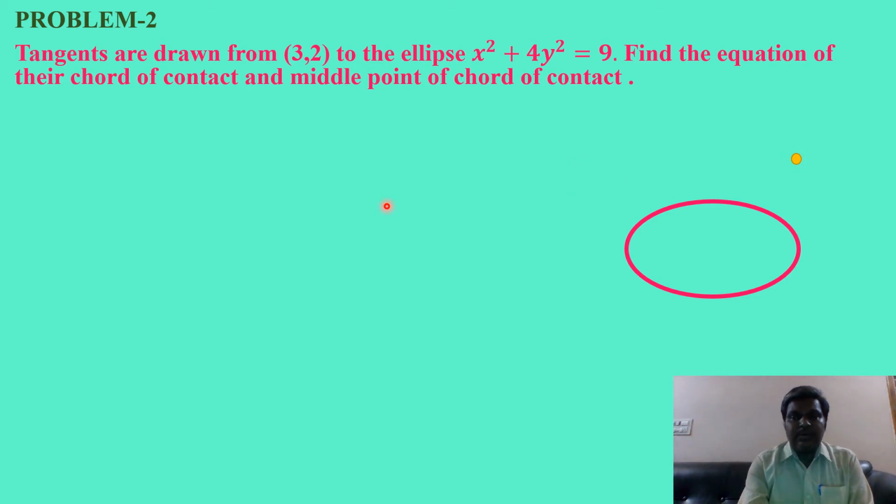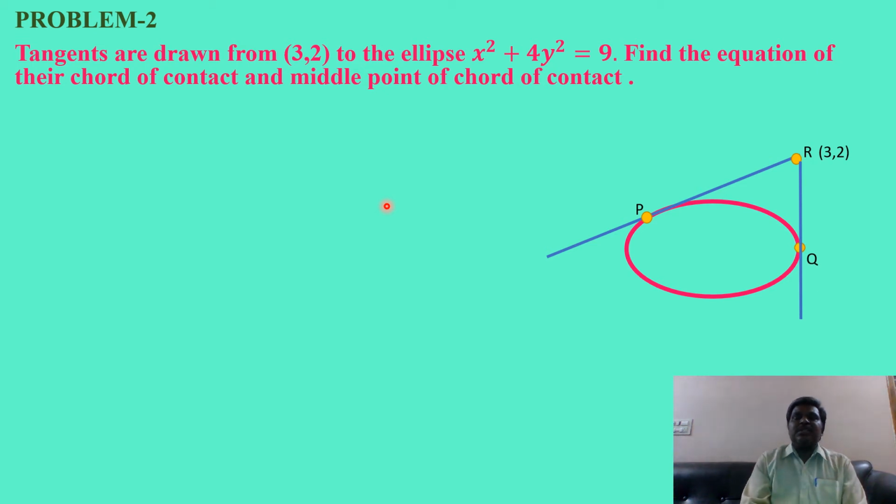Call this point R, with coordinates (3, 2). Now we draw the tangents through R to the ellipse as shown in the figure. This is one tangent, this is the other tangent. They touch the ellipse at the points shown, one at P, the other at Q.